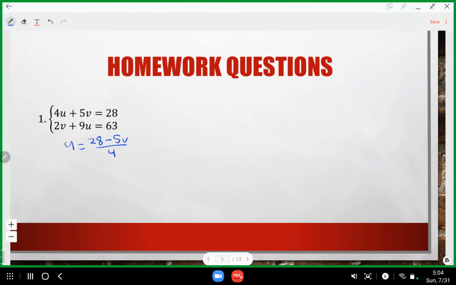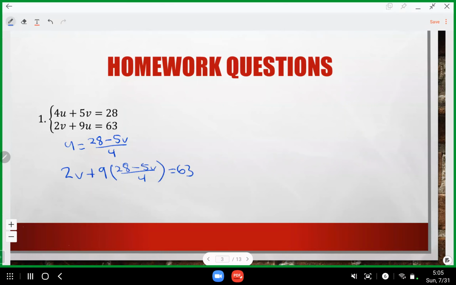After that, I plugged 7 minus 5V over 4 into every U in the second equation, which turned it into 2V plus 9 times the difference of 7 minus 5V over 4 equals 63. Then 2V plus 63 minus 45V over 4 is 63.